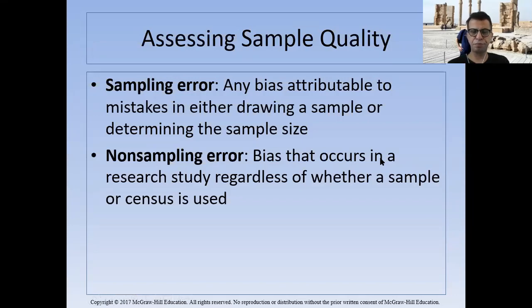For example, when you're standing beside Dollarama and you ask anybody who comes out, would you buy a Mercedes? He probably would say no, because most of the people who come out after shopping at Dollarama could be very poor, with very limited income. So this is a non-sampling error.